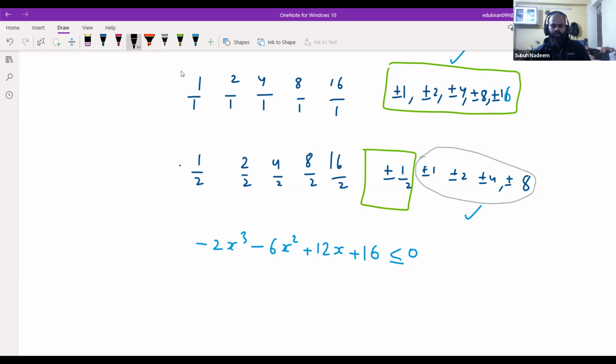So x minus 2 is a factor. So you can do the polynomial division and find the other quotient.